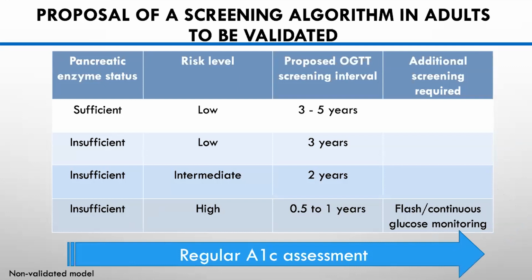For example, they're already 45 years of age, they had regular OGTT that were normal, and maybe we could space this a bit while still doing A1C to see if the risk evolves. And then you could have people at high risk where you could have OGTT at least on a yearly basis. And we need to figure in this the place of continuous glucose monitoring, which is an emerging technology.